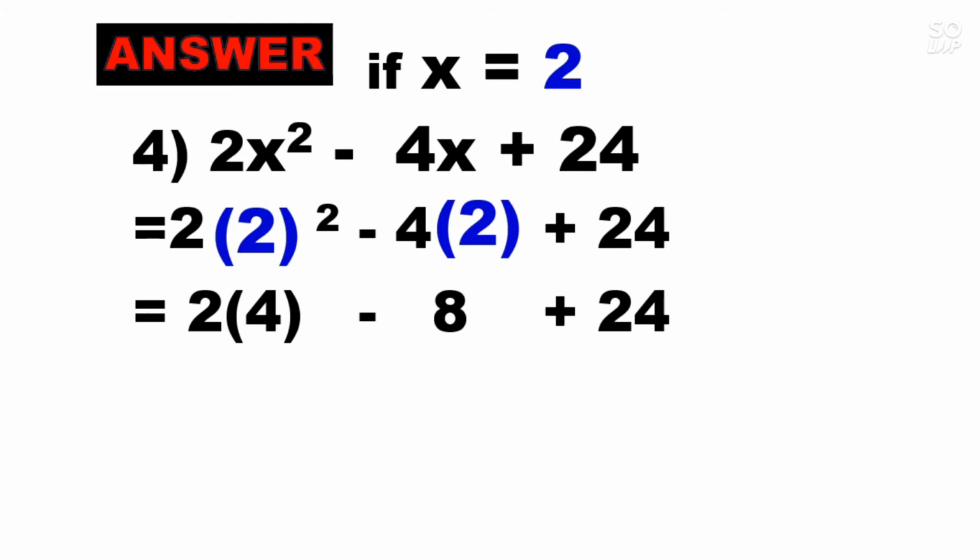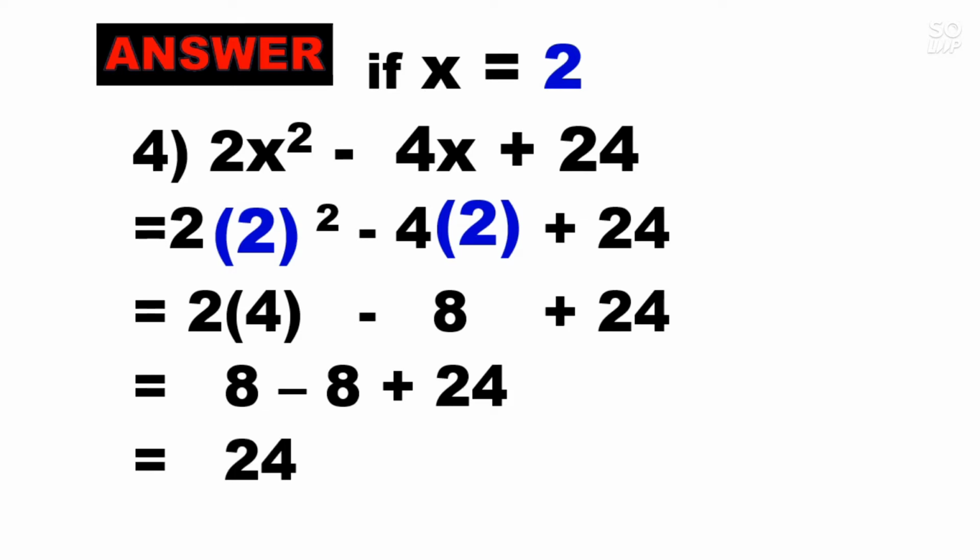So that's why we have 2 times 4. Minus 4 times 2 is 8. Plus 24. Okay, then 2 times 4 is 8. Minus 8 plus 24. And the answer is 24. 8 minus 8 is 0. Then now we have 24. Okay, the value of the expression is 24.